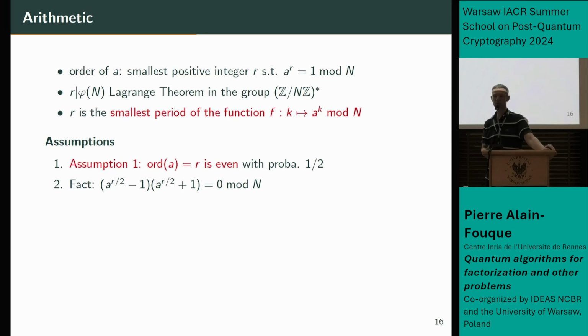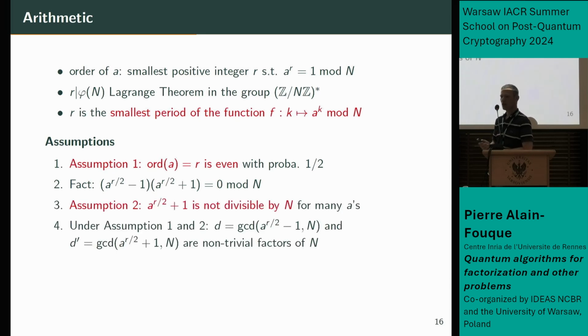And also from this assumption, we can rewrite the first equation here. So we can put the 1 on the other side, and we can factor it into a to the power r divided by 2 minus 1 times a to the power r divided by 2 plus 1 is equal to 0 mod n.